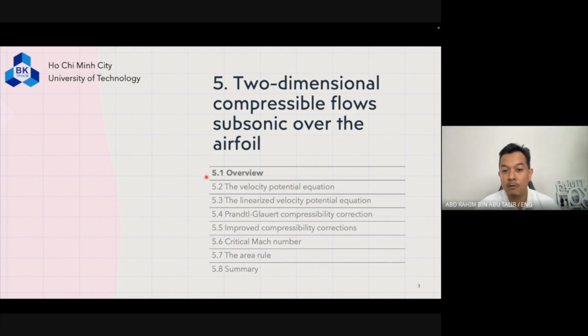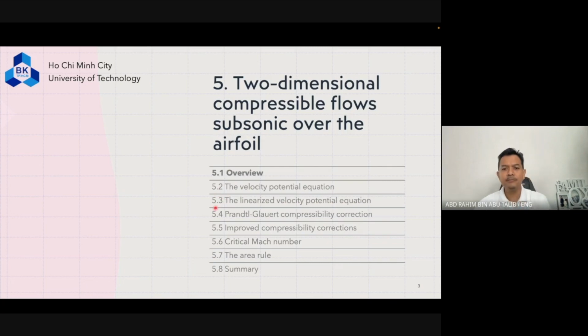Starting with the overview, the next one is the velocity potential equation, and then 5.3 is the linearized velocity potential equation. Basically, we will try to cover for the next hour the subtopics 5.1, 5.2, and 5.3.